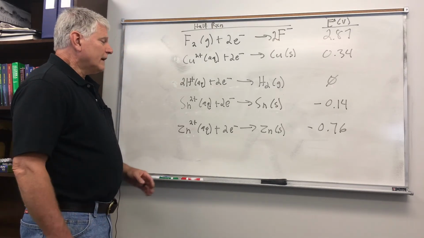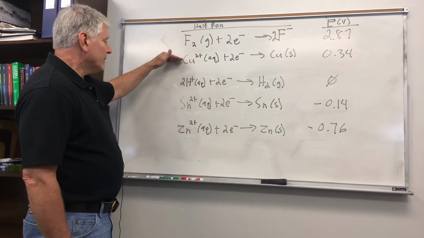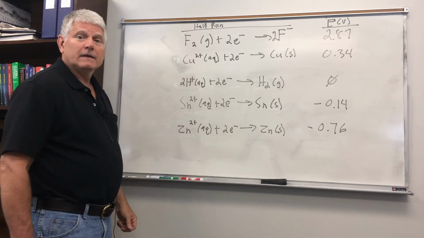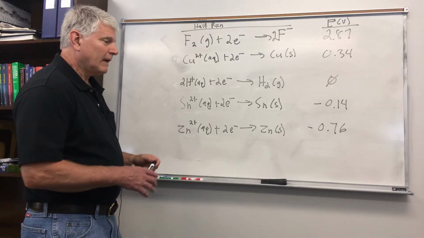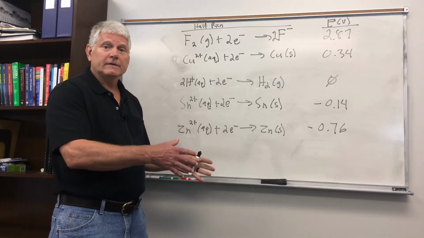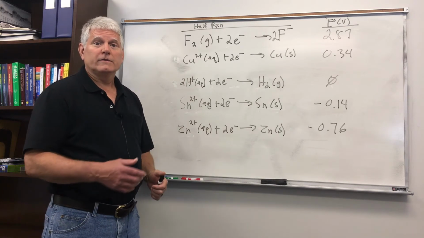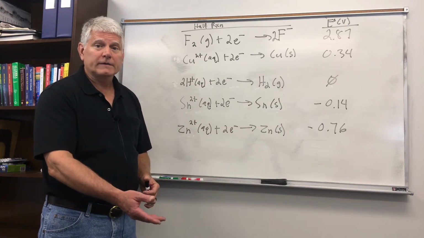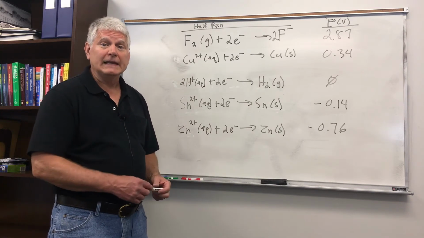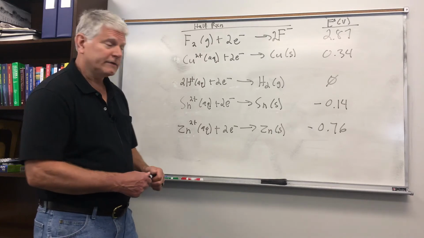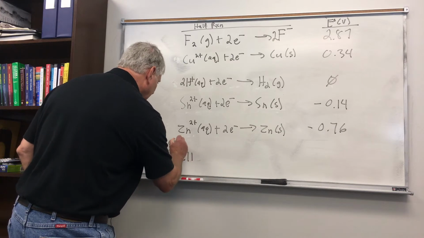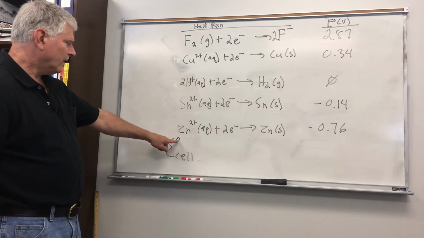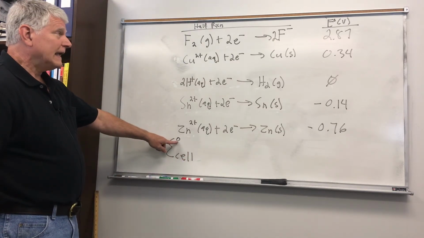So say I want to know the cell potential between my copper and zinc half reactions. So I would have, in my cell, an oxidation and a reduction. Something's losing electrons, the oxidation, and something else is gaining those electrons. That's the reduction. And so I'd have E for the cell, and I use a little superscript O to represent standard.